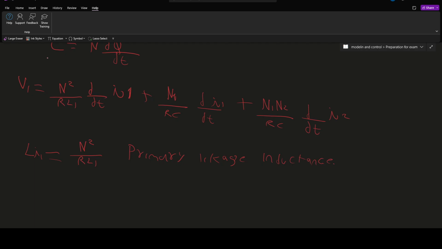Another term that looks interesting is this one. Oh sorry, I forgot here N1 squared. Okay, this one.